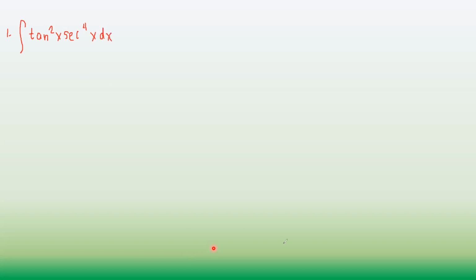If the given here were secant squared, it would be integrable, no? We can integrate that by letting u equal tangent x, because the derivative of tangent is secant squared. As long as a function comes with its derivative, it can be integrated. But here the given is raised to 4.